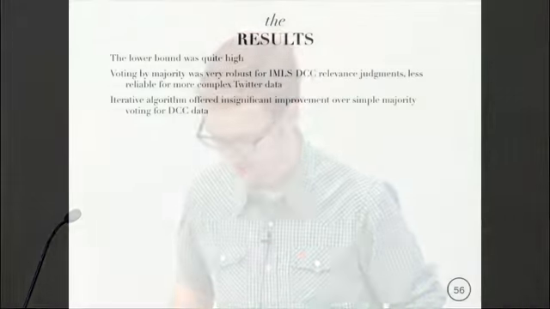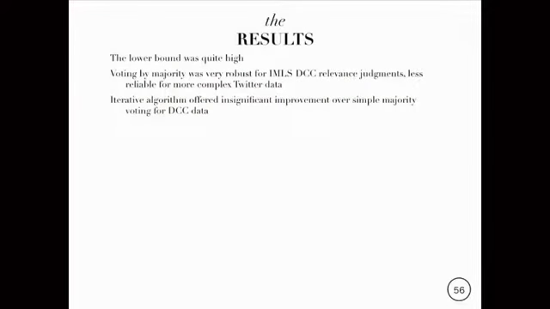So yeah, I found that the lower bound was pretty high to begin with. So even when I was just taking majority rating without doing anything fancy, when I was just saying these 3 people, look at this, classify it, and the thing that 2 or 3 of you agree on, that's what I'll take as the answer.